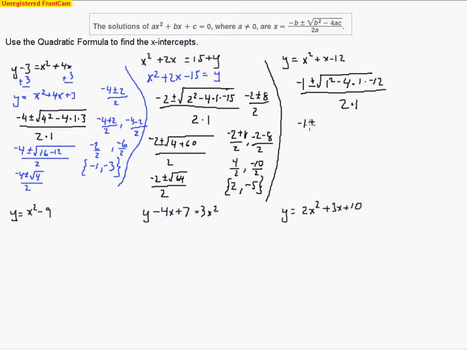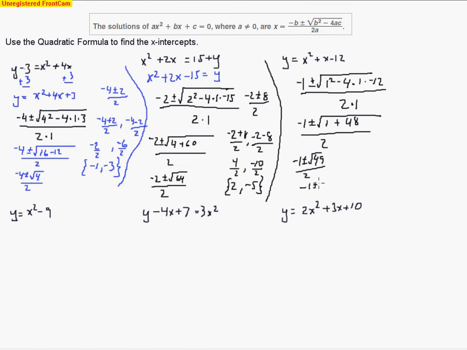Negative 1 plus or minus the square root of 1, and then another plus sign because the two negatives cancel out. That makes 48 when I multiply those numbers, and this is all over 2. So negative 1 plus or minus the square root of 49 over 2, and the square root of 49 is 7.